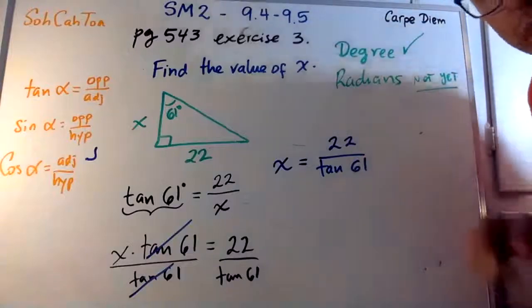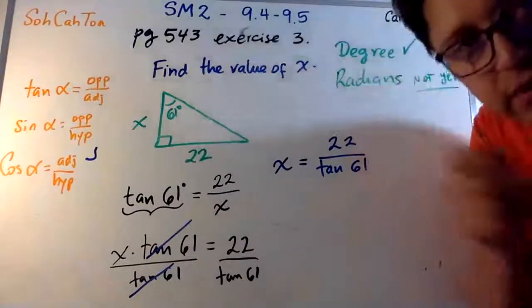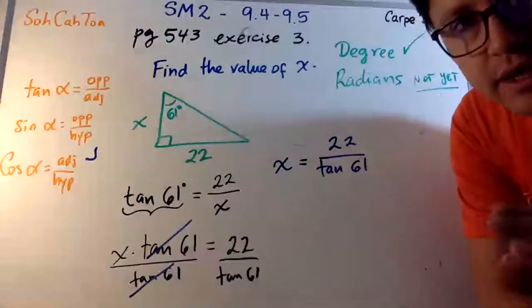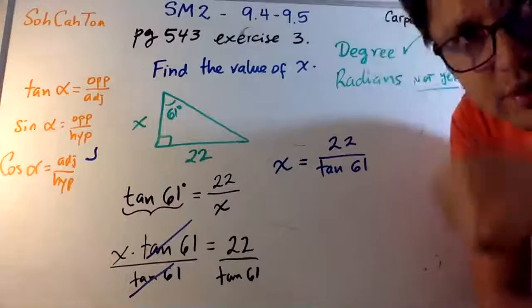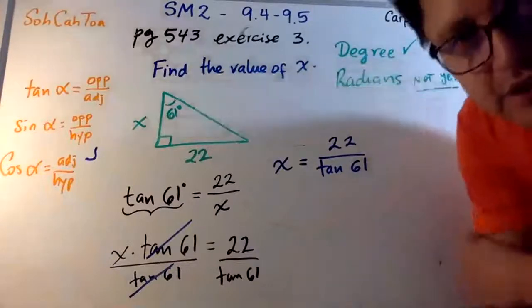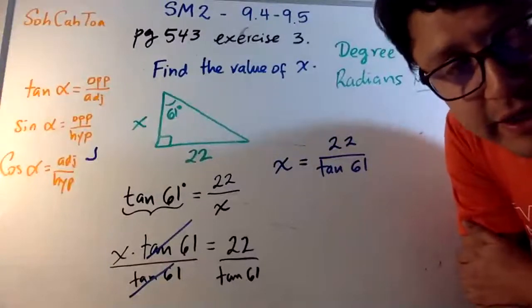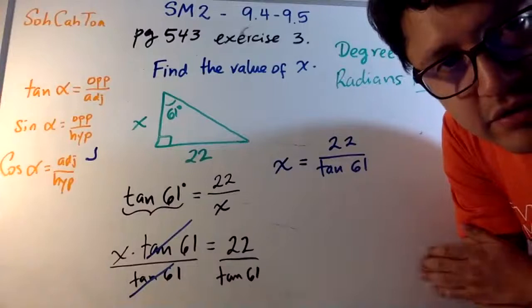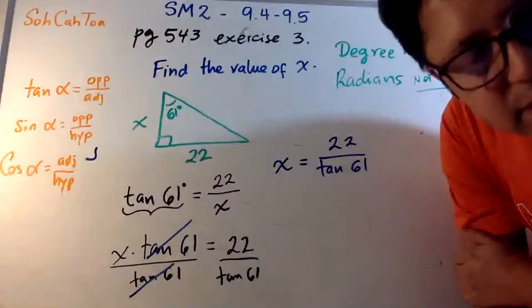And this is where what I just told you about degrees and radians is really relevant, okay? Because I tried it, and when I was solving this, I used the Google calculator and I typed 22 divided by tangent 61. And it seems like Google calculator is set on radians by default. So it gave me a not crazy answer.